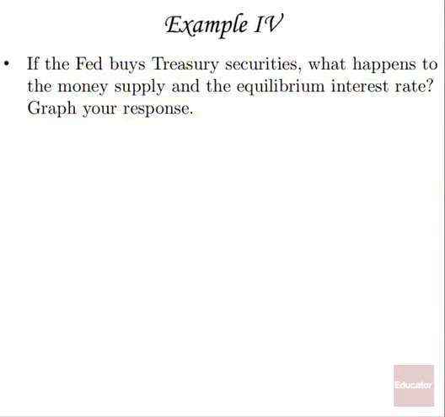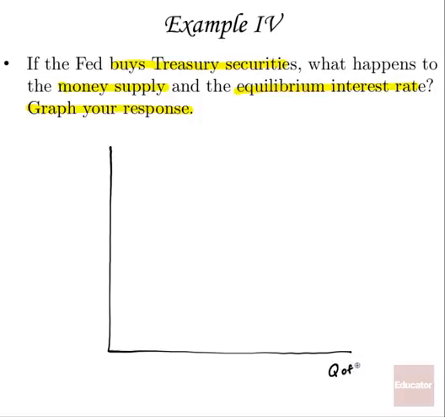So let's look at the opposite situation. If the Fed buys Treasury securities, what happens to the money supply and the equilibrium interest rate? Graph your response here. So you want to draw a nice big graph and call this the quantity of money, and this the interest rate.